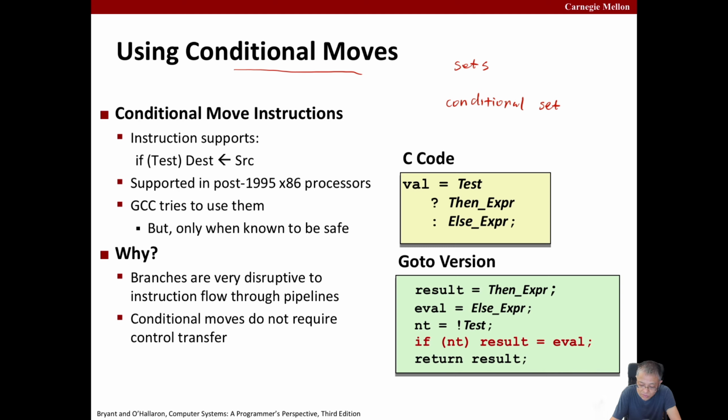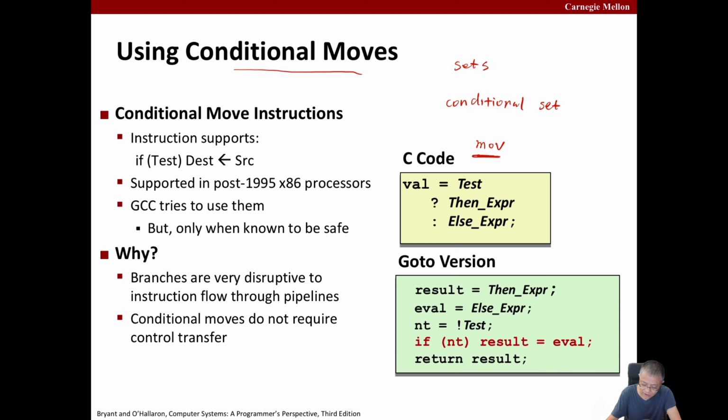The conditional move is actually very similar to a conditional set. You can move to a destination register according to some condition. If the condition is satisfied, the data will be moved to the destination register. Otherwise, it will not move to the destination register.